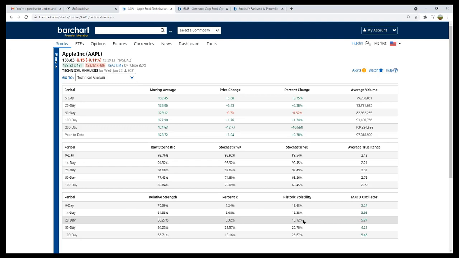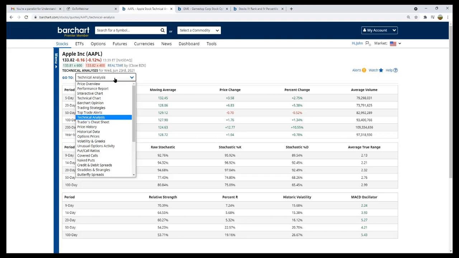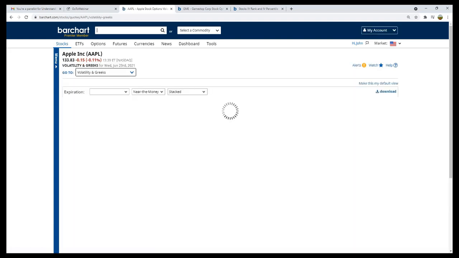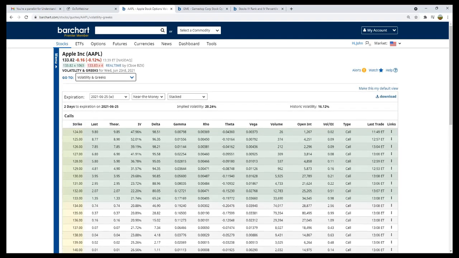If we look at volatility over a longer period of time, notice that here we have the 100-day historical volatility. It's above that 20%. So again, if I go back to my Greeks page, at the top of my Greeks page there's my current at the money implied volatility and my historical, and you know now that this represents your 20-day historical volatility, okay?